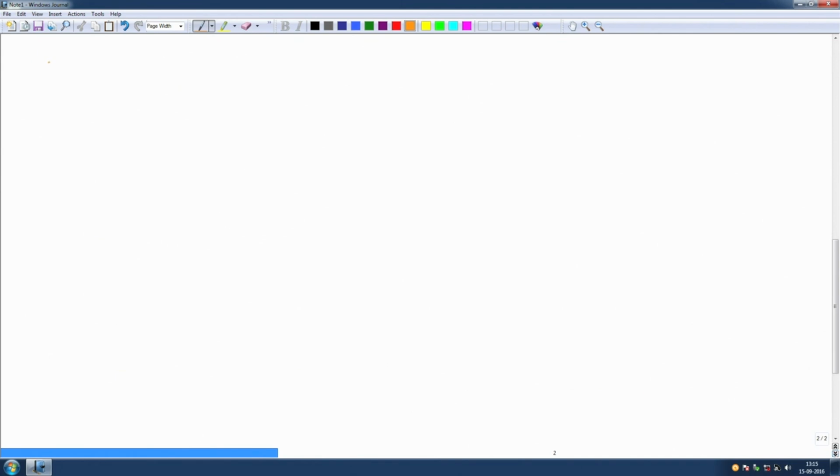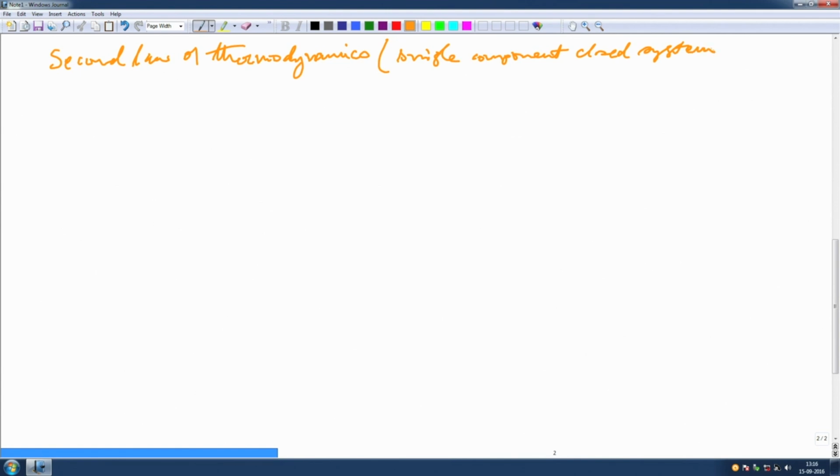the second law of thermodynamics, let us look at. We have looked at the first law. The second law of thermodynamics, again for a single component closed system. Let us look at that.